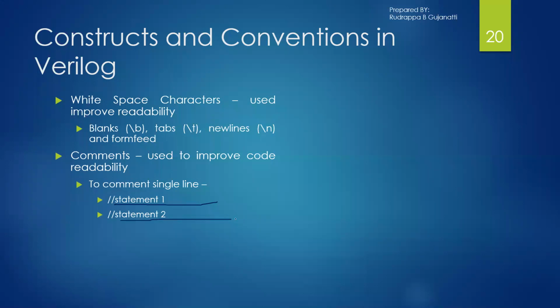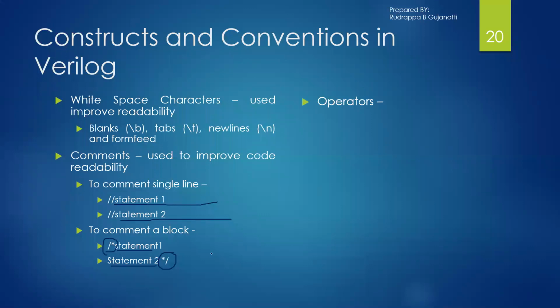If I want to comment a block of statements, I make use of this method, wherein I am commenting statement 1 and statement 2 all together. For that I make use of forward slash star, put whatever statements you want under comment, and lastly to end the commenting you put star and forward slash. So this is with respect to commenting.